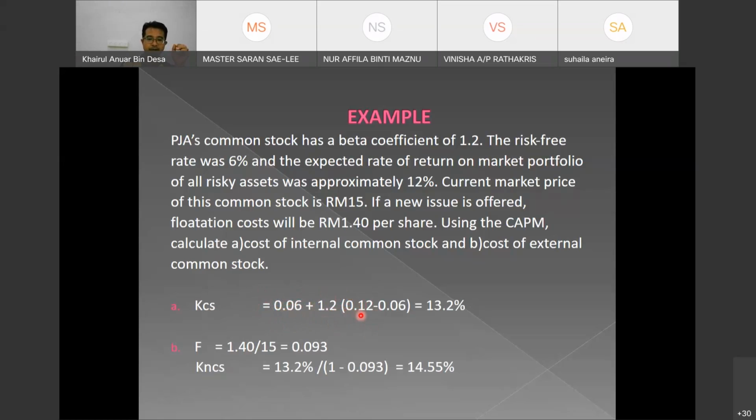Market return is 12%, and 6% is the risk-free rate. This is what we call the market premium. And the required rate of return is 13.2%.